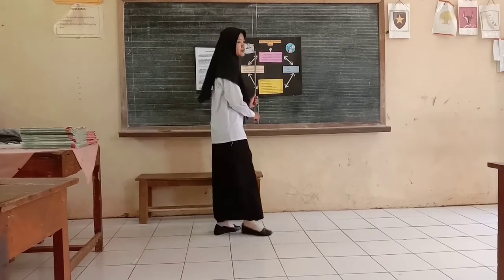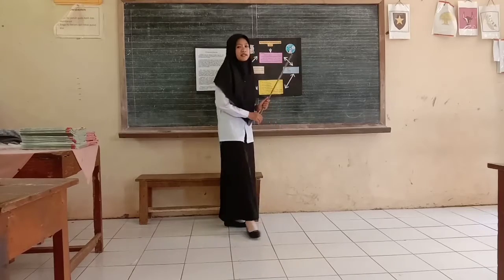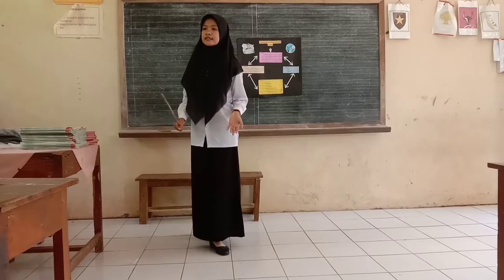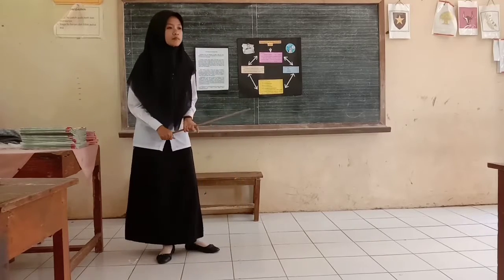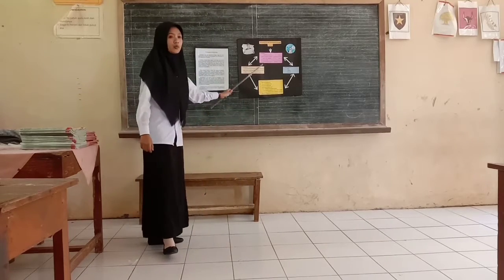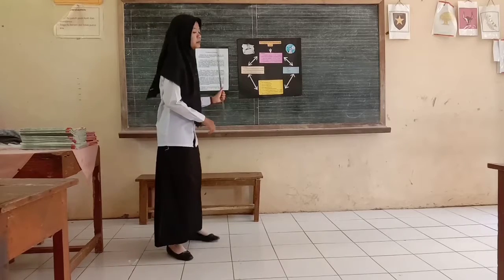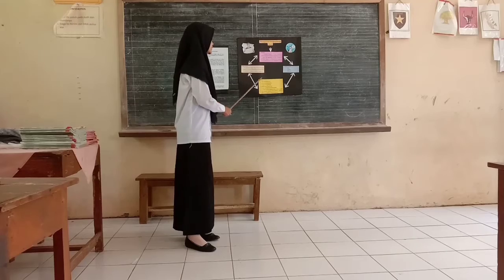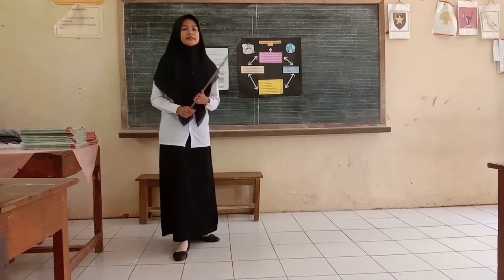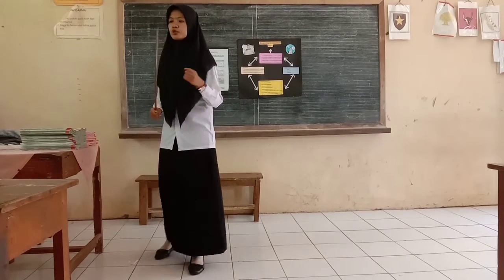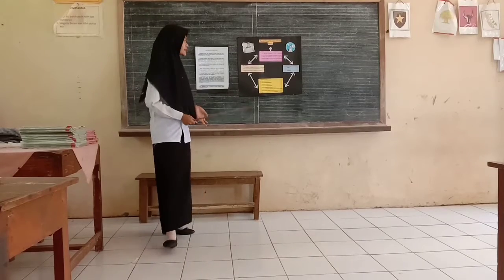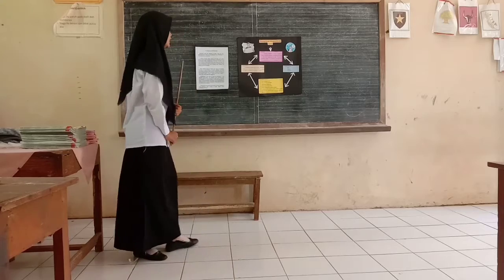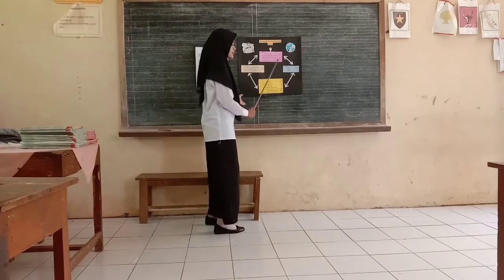And arguments explain the arguments to support the writer's position. The number of arguments may vary, but each argument must be supported by evidence and explanation. And the last is reiteration.